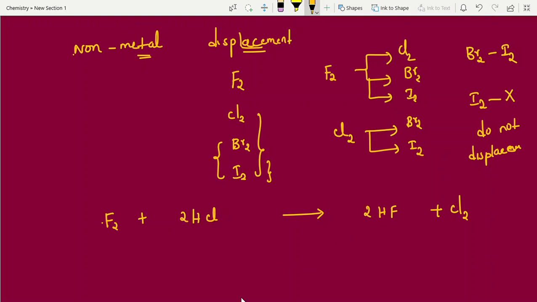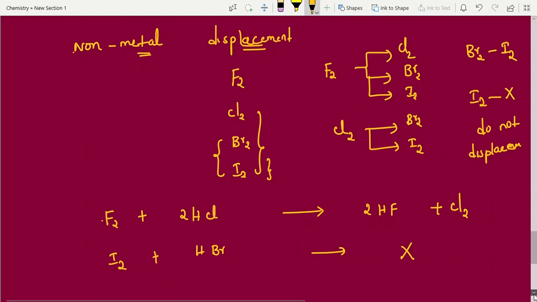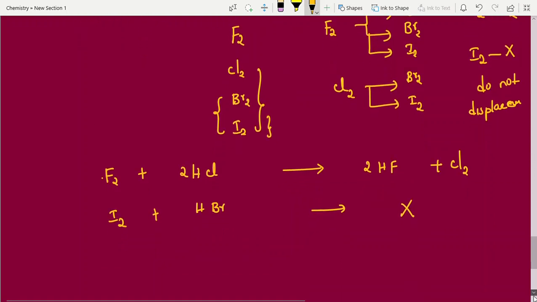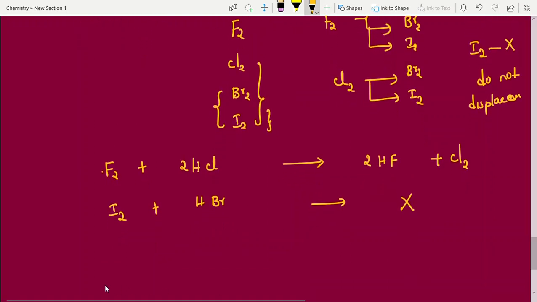That's it. Suppose iodine plus HBr. Is the reaction feasible? No. Iodine does not displace anything. You can expect questions like this. Clear? Now, another important point I am writing. More active metals. I am writing a note point, students.